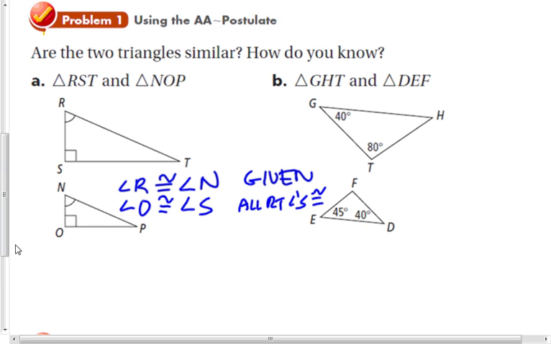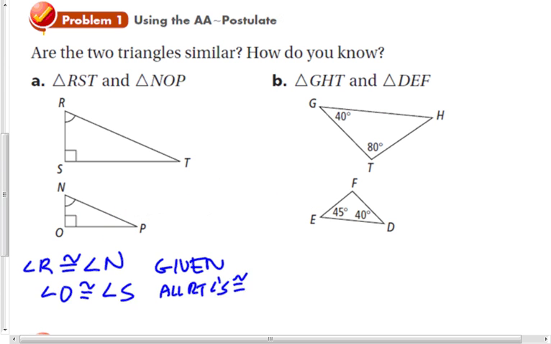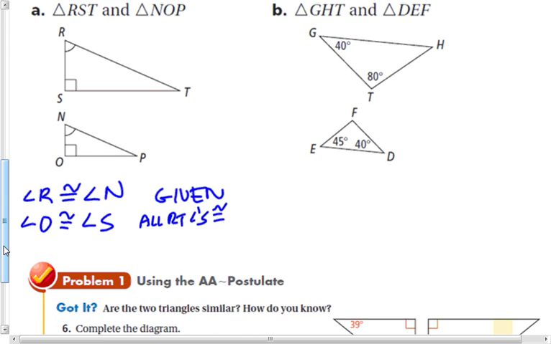And that is enough because of the angle-angle similarity postulate. We can now say that triangle RST is similar to triangle NOP.